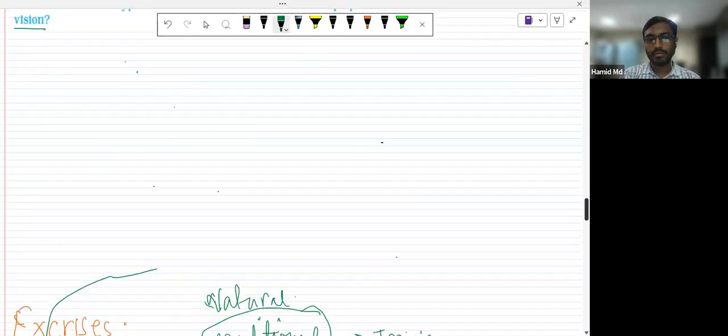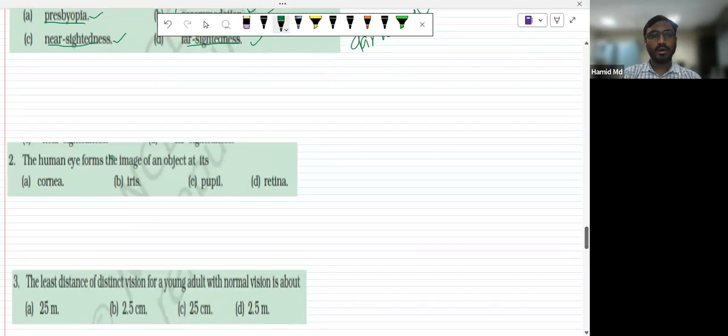The next question: the human eye forms the image of an object at the retina. What's the use of the cornea? It is the gateway of light. The light enters from this.